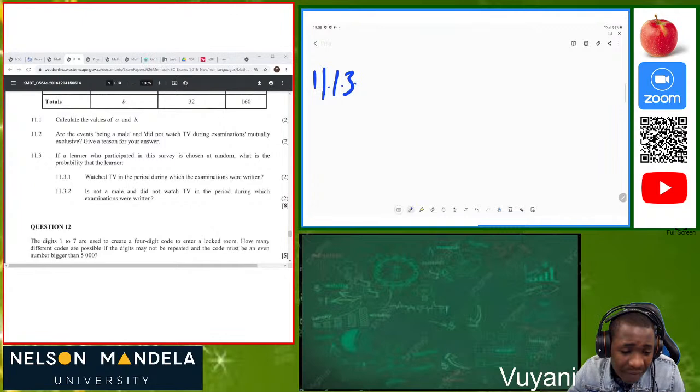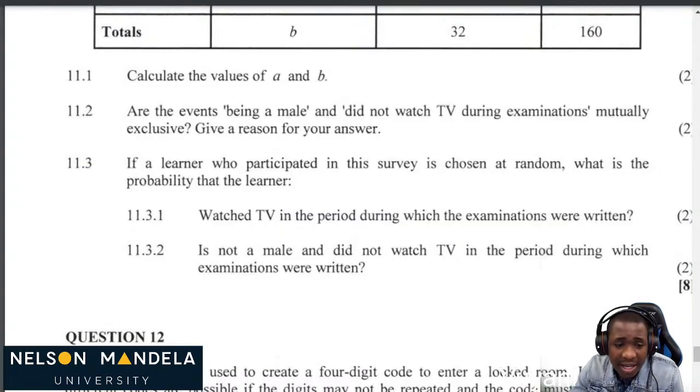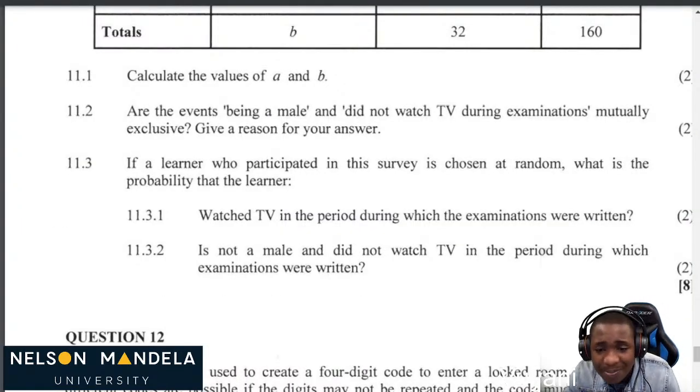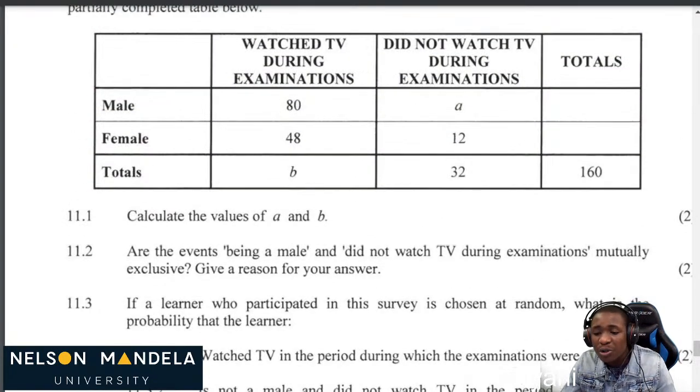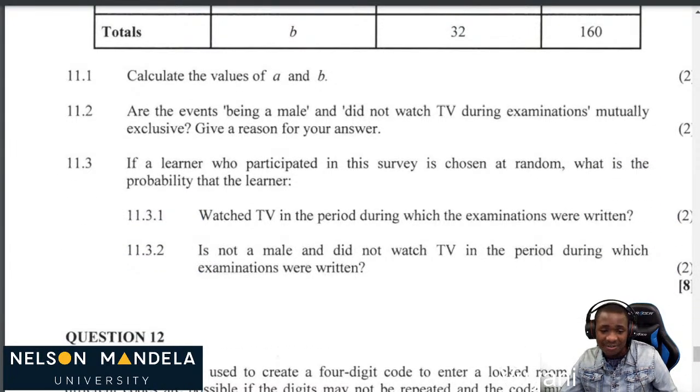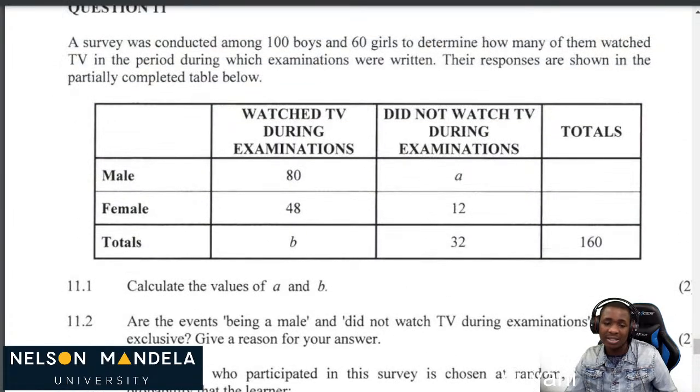On 11.1.3, they say that if a learner who participated in the survey is chosen randomly, when they say randomly, you should always know that your probability is going to be the number on top over the total of the entire class, the entire combined students, which is 160. So now they're saying watched TV in the period during which exams were written. What is our B? Our B is 128.